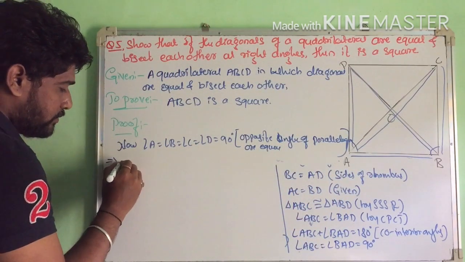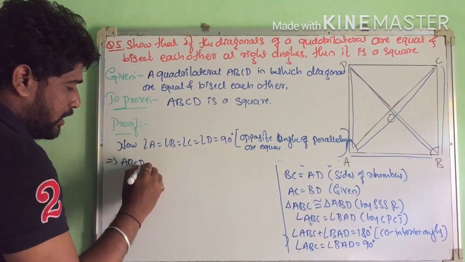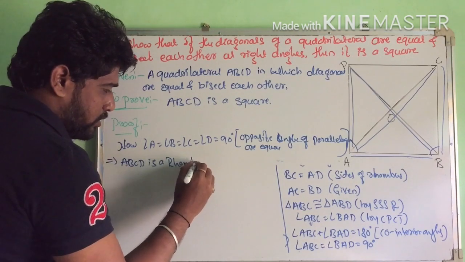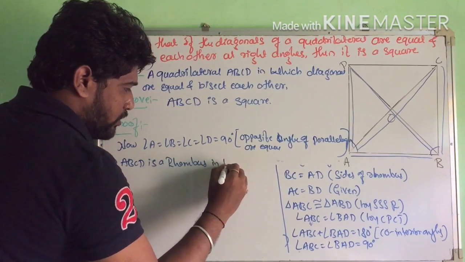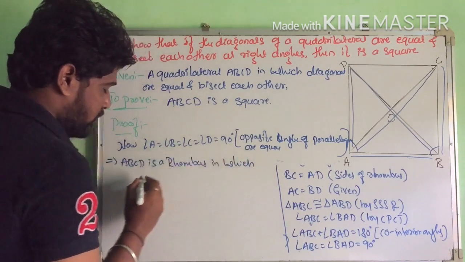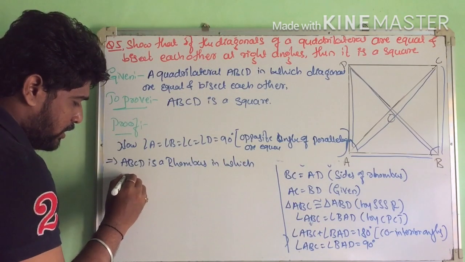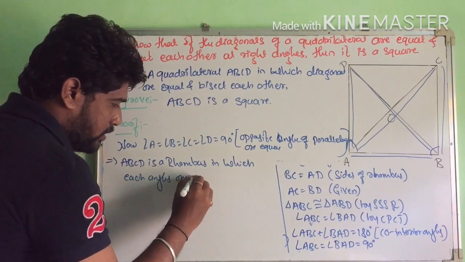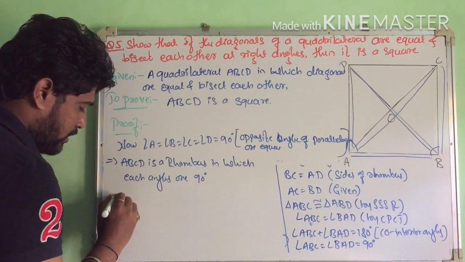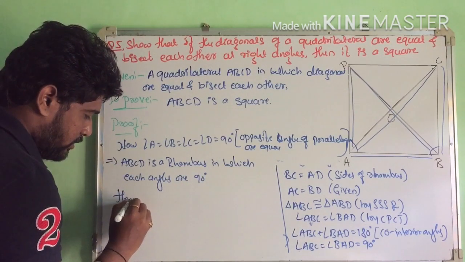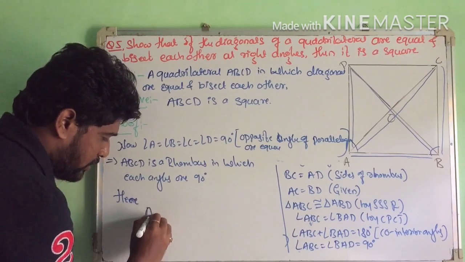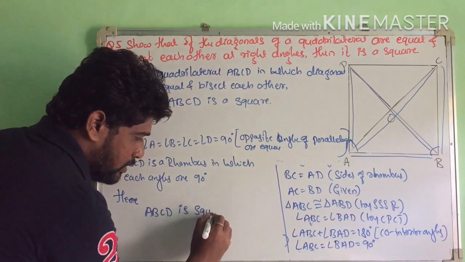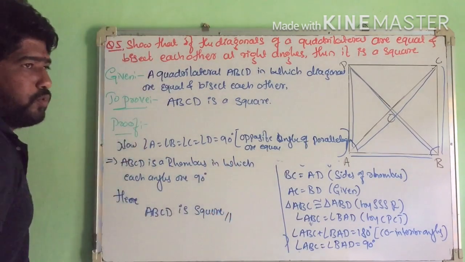So here ABCD is a rhombus in which each angle is 90 degrees. Hence ABCD is a square. Hence proved. Is it clear?